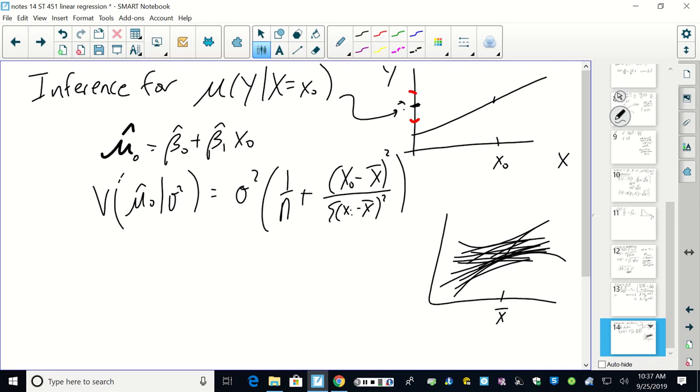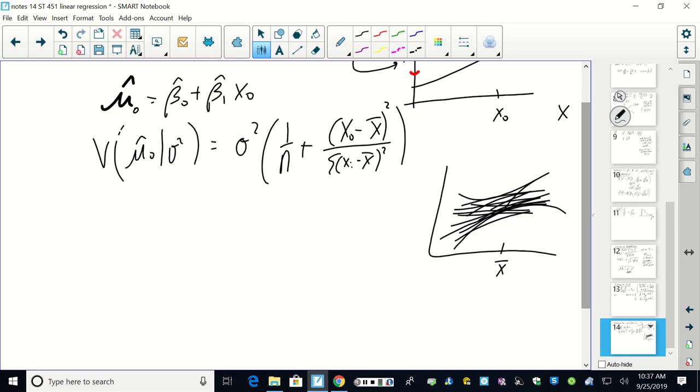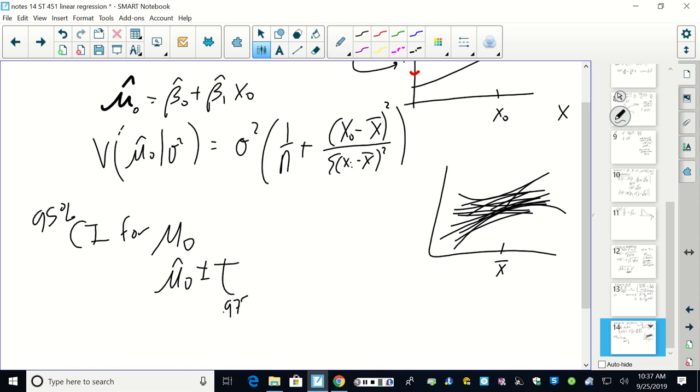But we can use the same t distribution. So a 95% confidence interval for mu sub 0 is going to be mu sub 0 hat plus and minus our t distribution value times the standard error, so we're going to put in the estimate and the square root of all this other stuff.